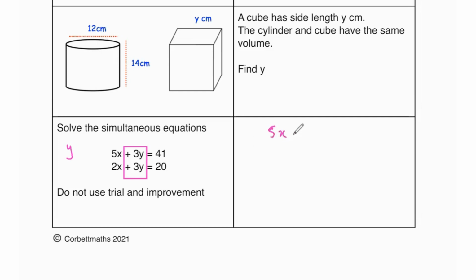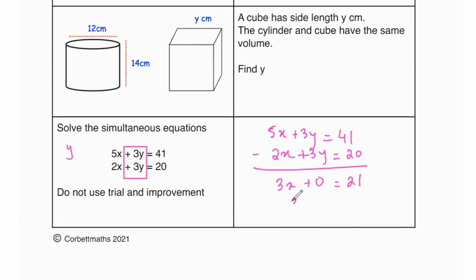So I subtract 2x plus 3y equals 20 from 5x plus 3y equals 41. If we subtract the two equations, 5x minus 2x is 3x, 3y minus 3y is 0, and 41 minus 20 is 21. So 3x equals 21 and x equals 7.